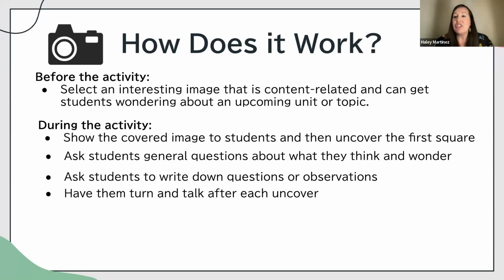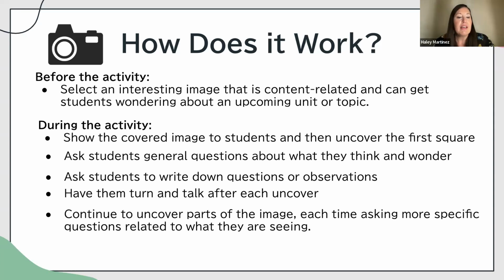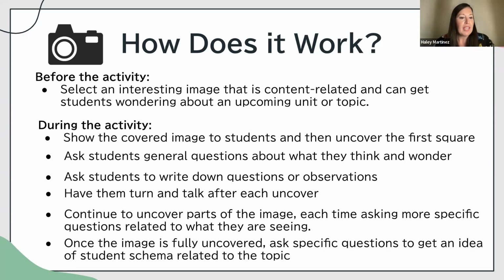After each uncover, have them listen to others to hear what they're saying and thinking. Continue to uncover parts of the image each time, asking more specific questions related to what they're seeing. And lastly, once the image is fully uncovered, ask more specific questions to get an idea of their schema. What do they know about this topic?